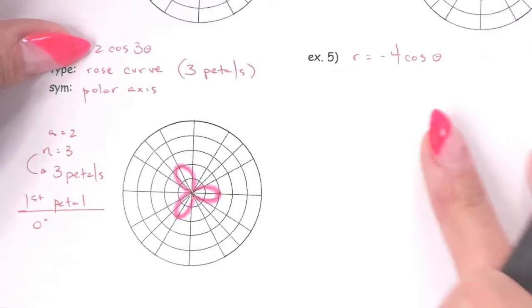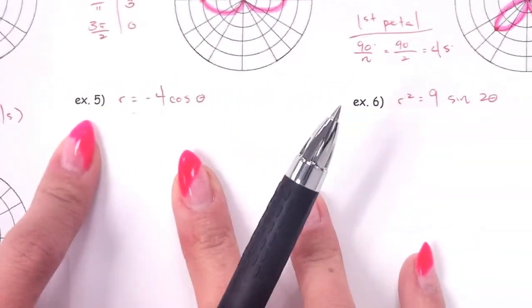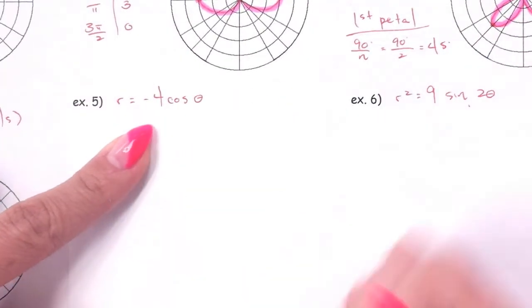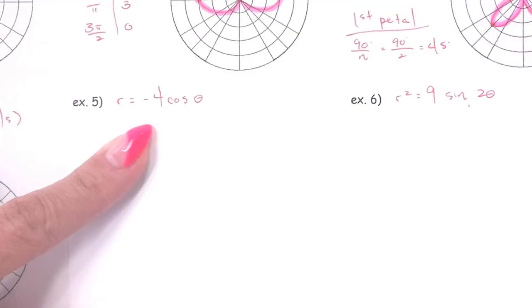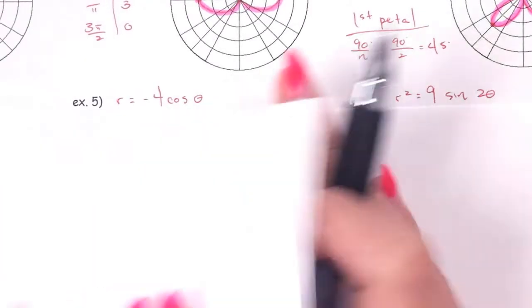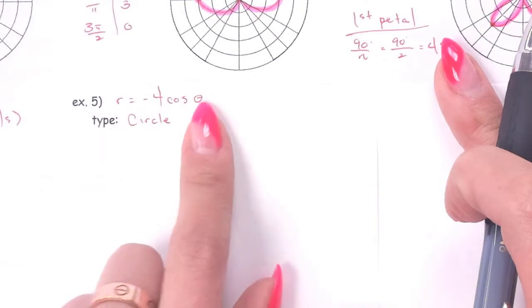Okay, so how about this one? So this one, right here. What is that? I want you to think about it. I want you to say something out loud or in your head if there's people around. And then hopefully you got that it was a circle because there's no number in front of here.